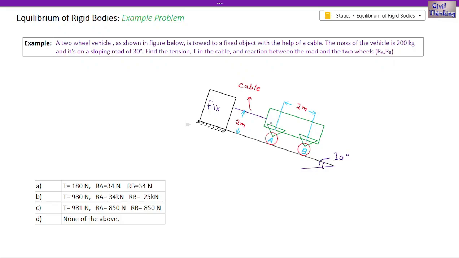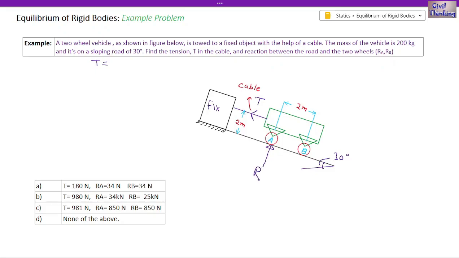Because the vehicle wants to move downwards, there will be a tension in this cable. Let us assume that the tension in the cable is T. We have to find this T. We also have to find the reactions at A and B. These tires, these wheels, are roller supports, and in roller supports we only have one reaction, which is normal to the surface.